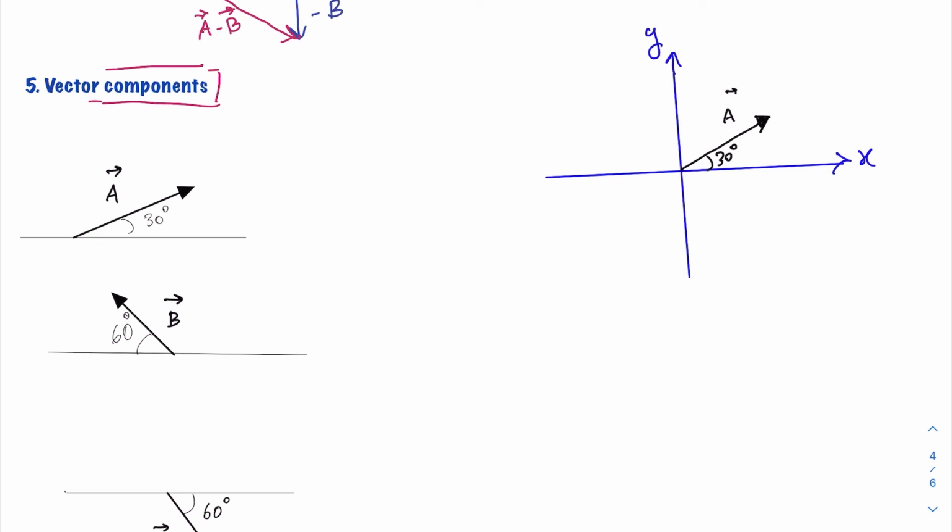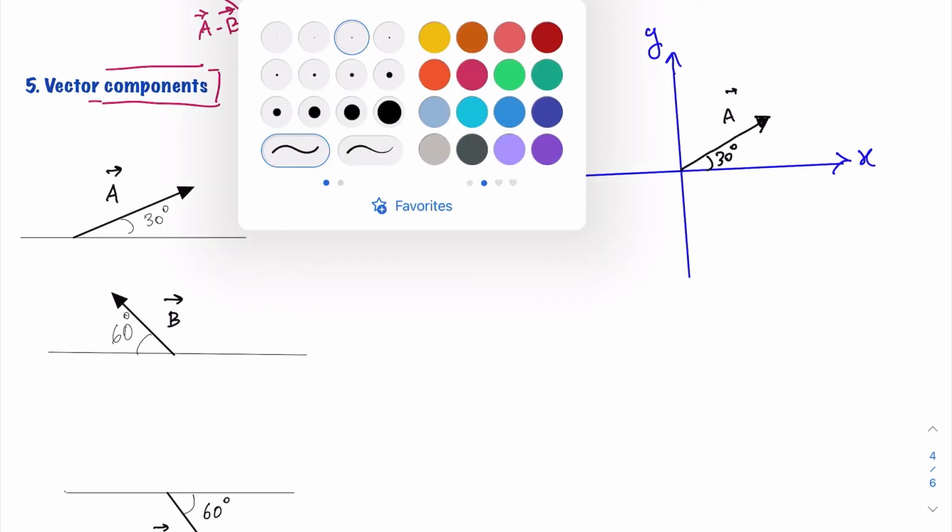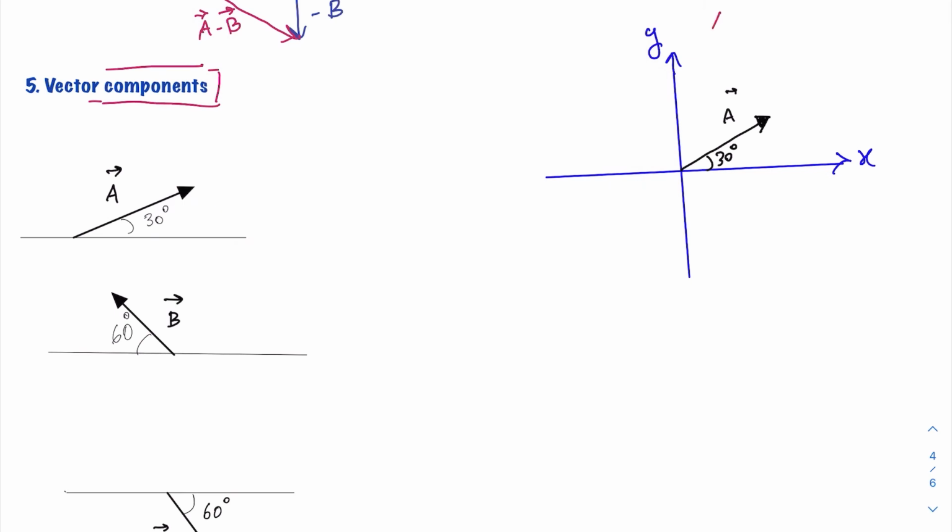What does it mean? It means that if I come here and look at this vector from this angle, this is my eyes. If I look at this vector from parallel to y, I will see the projection of this vector A on the x-axis, and this is what I can see when I am looking from this angle, parallel to the y-axis.